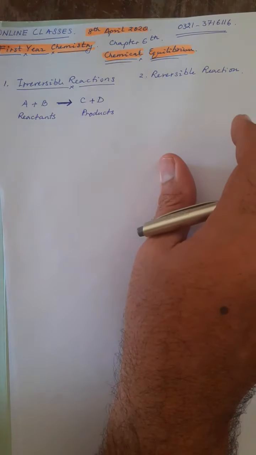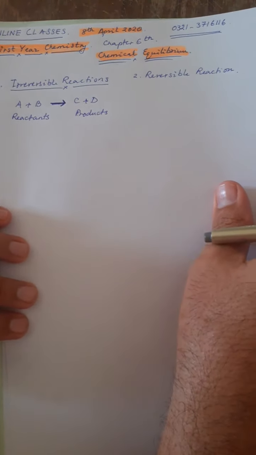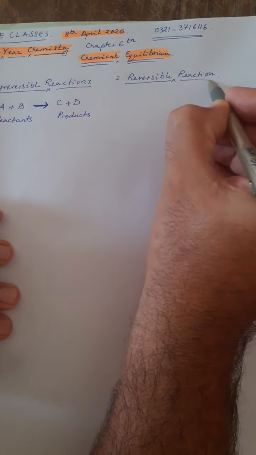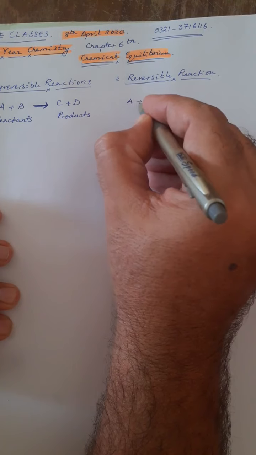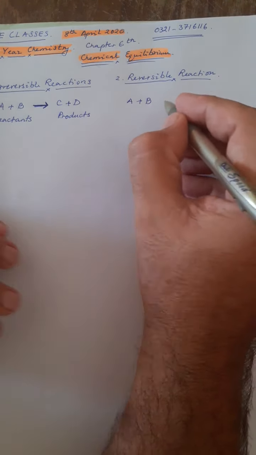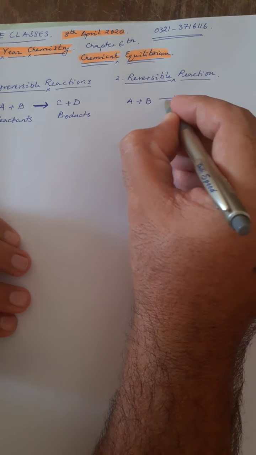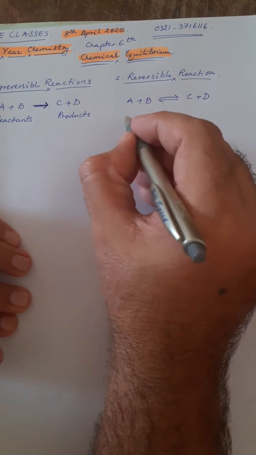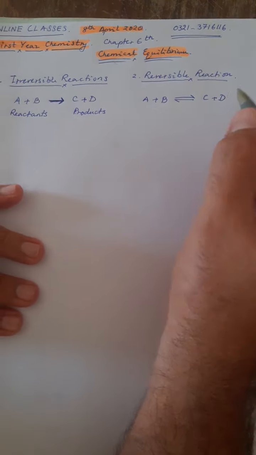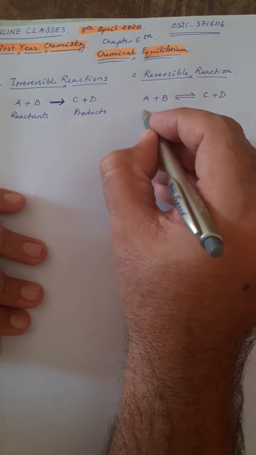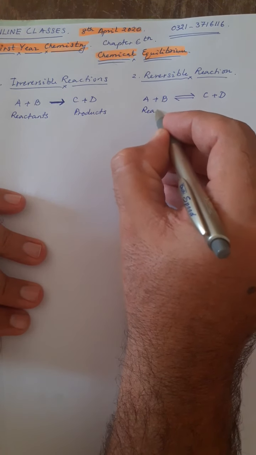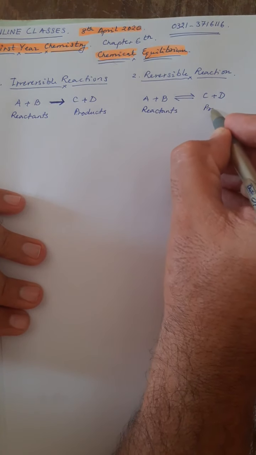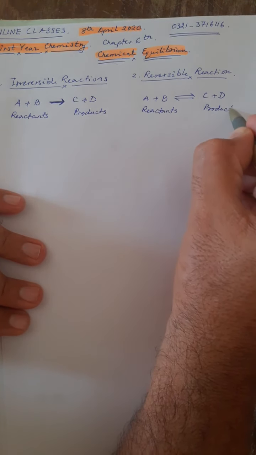Let me show you how we represent the reversible reaction, and that will be a kind of surprise for you. Let's say A plus B are two reactants, suppose, and C plus D are the products. So what difference do you observe in these two equations? Can you tell me, or can you think about it right now? Yeah, the difference is in the arrows.